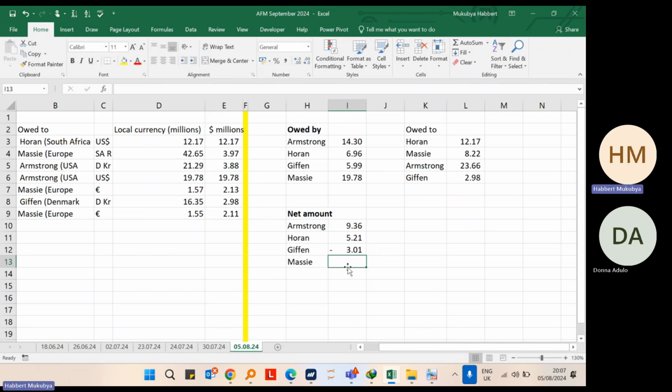And then for Massey, 8.22 minus 19.78, a net payable of 11.56. So which means that Massey is the one which is owing the highest amount on a net basis.